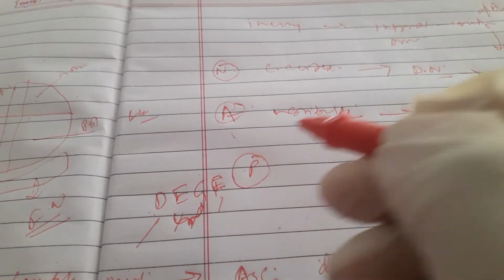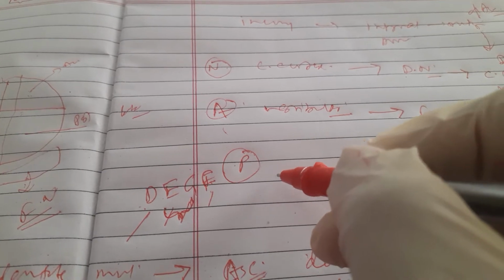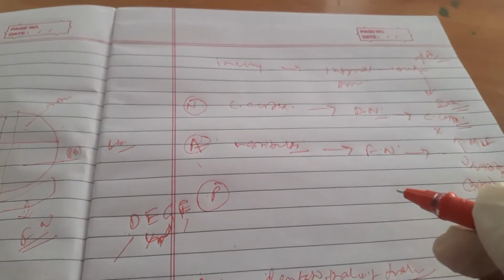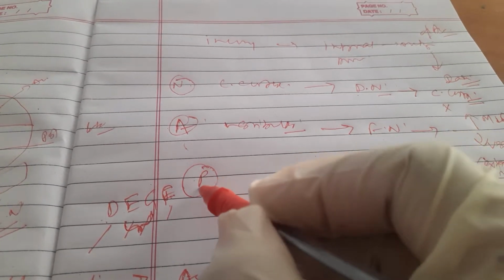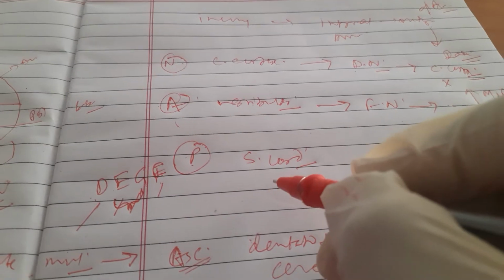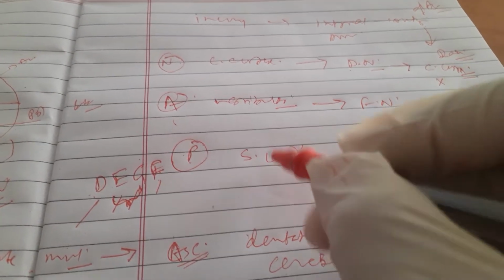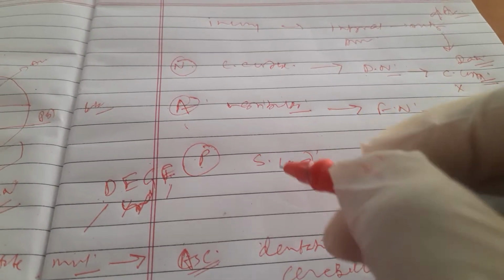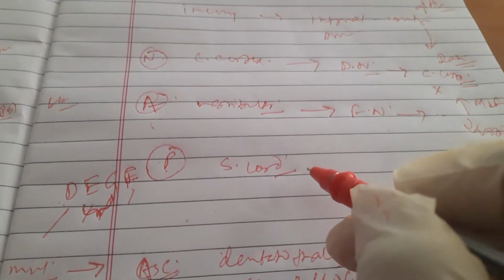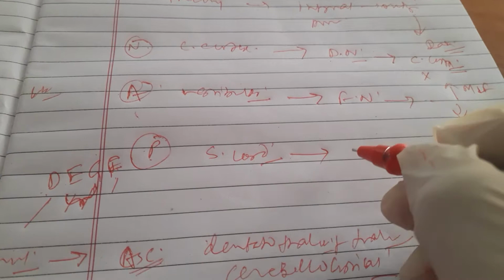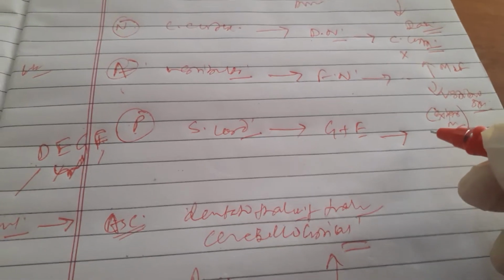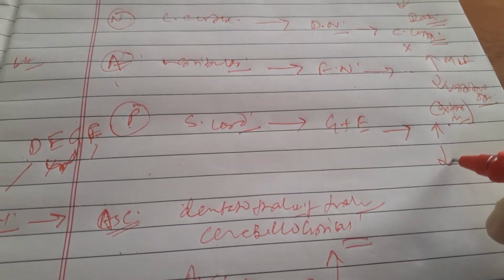Okay, now the third one. This is the neocerebellum, this is archicerebellum, and this is paleocerebellum, where the incoming input is coming from the spinal cord, through the dorsal spinocerebellar, ventral spinocerebellar, cuneocerebellar, all these, and going to the globose and emboliform, and then the ascending and descending fibers.